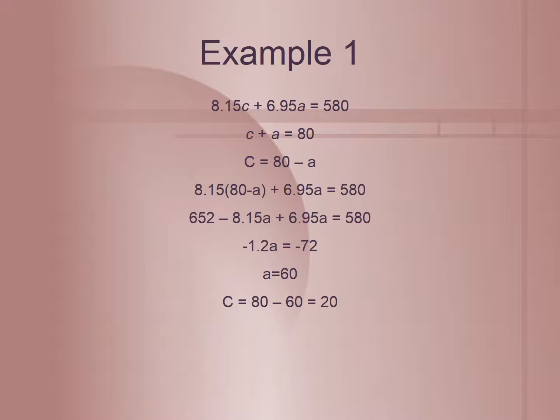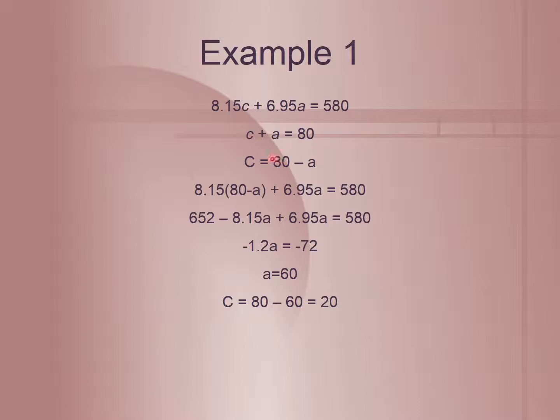These are the two equations from the previous slide. If we know that C plus A equals 80, and I solve for C, I just subtract A from both sides, meaning that C is equal to 80 minus A. That makes sense because this is saying the pounds of cashews is equal to 80 minus the pounds of almonds.